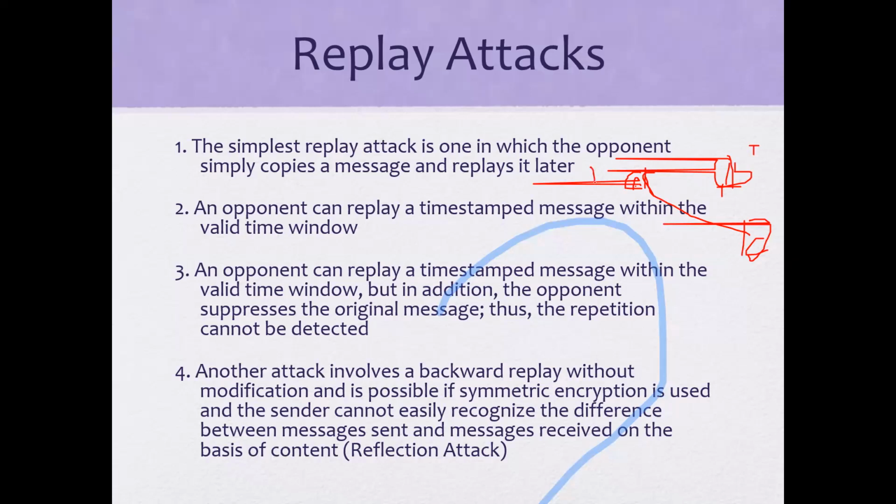A has a timestamp to send the message to B, and B has a timestamp to send the message to A. So when both communicate based on the timestamps, A can authenticate and authorize B. C is going to pose as A and send messages to B with timestamps like B. So that is the major thing as far as replay attacks are concerned.